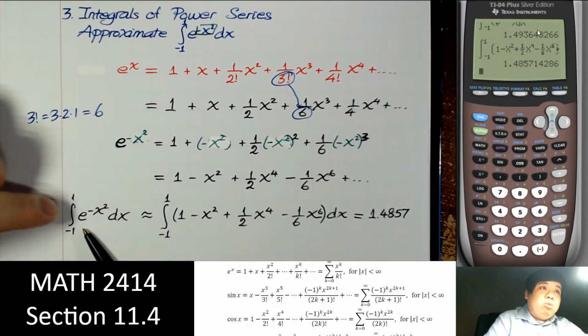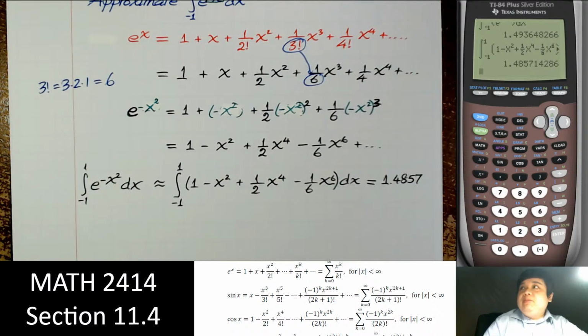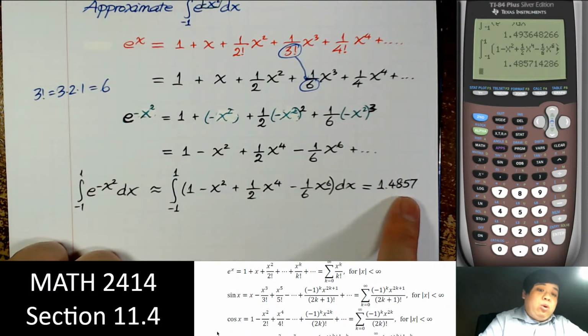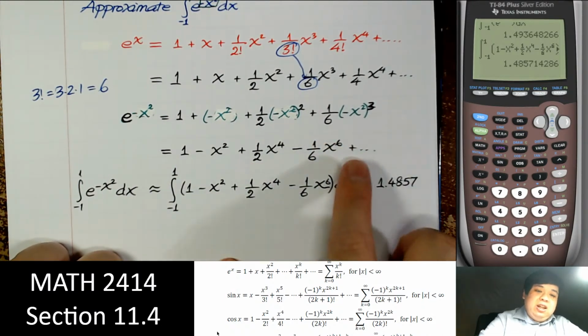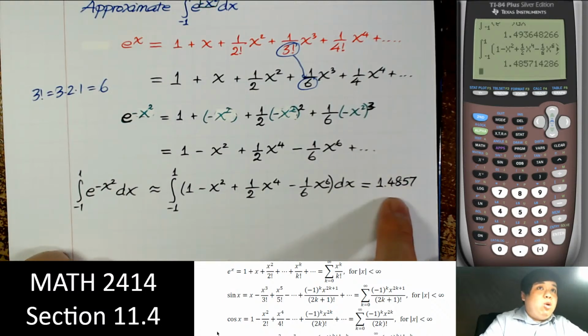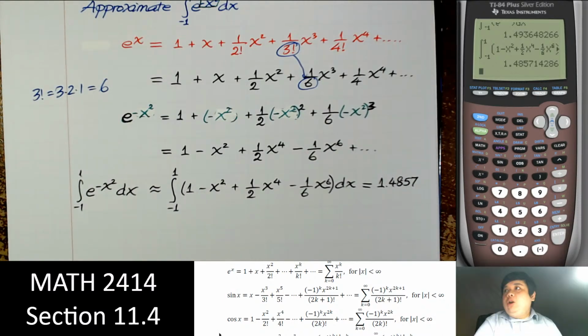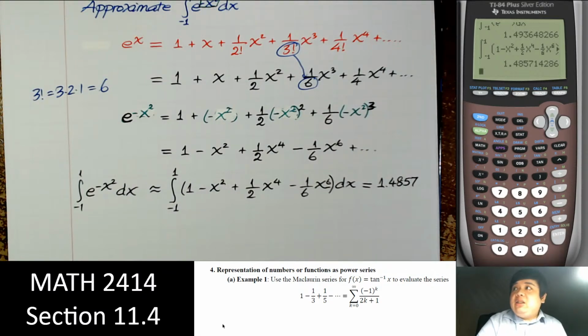We don't really need to know what this function equals. So if you want a more accurate number, we just have to take like 10 more terms, and that will be good enough. The more terms we have, the better the approximation. Here we only have the first 4 terms. So that's the idea: if we cannot get the exact function, use the power series. That's the next best thing.